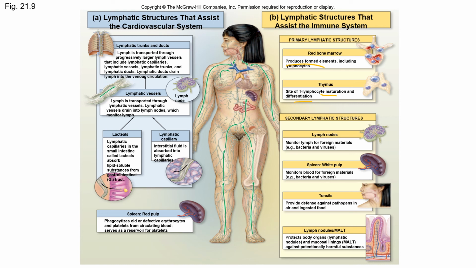And then the secondary are the tissues that host our immune system once it has been formed and matured and differentiated. The lymph nodes monitor lymph, the spleen monitors blood, the tonsils provide defense against pathogens in air and food, and the MALT protects any of your mucosal linings against potentially harmful substances.